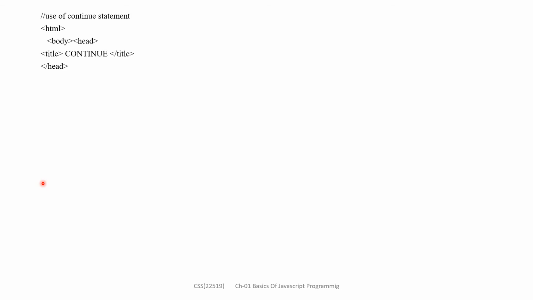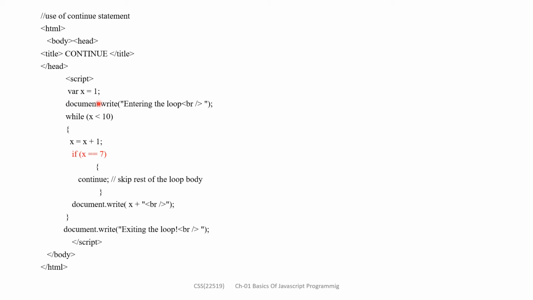This is the HTML tag, then the body tag, then the head tag, then the title tag. The title is our continue. Now in the script tag, we have declared variable x, that is x is equal to 1, and this is a printing statement. This statement is printed as it is.